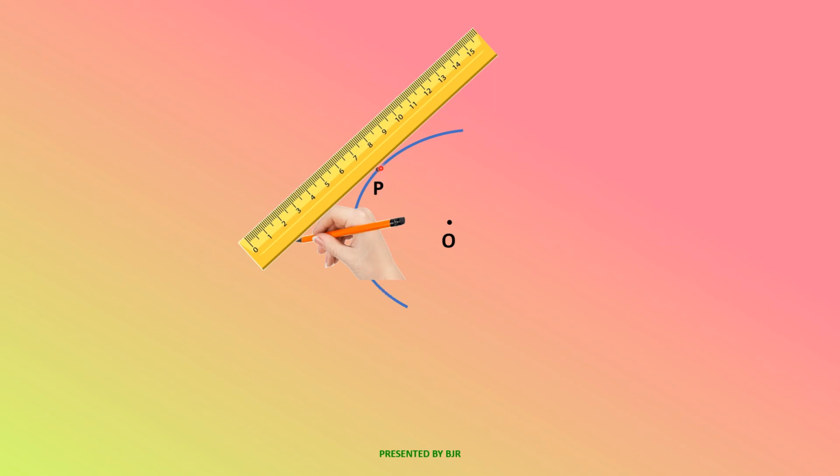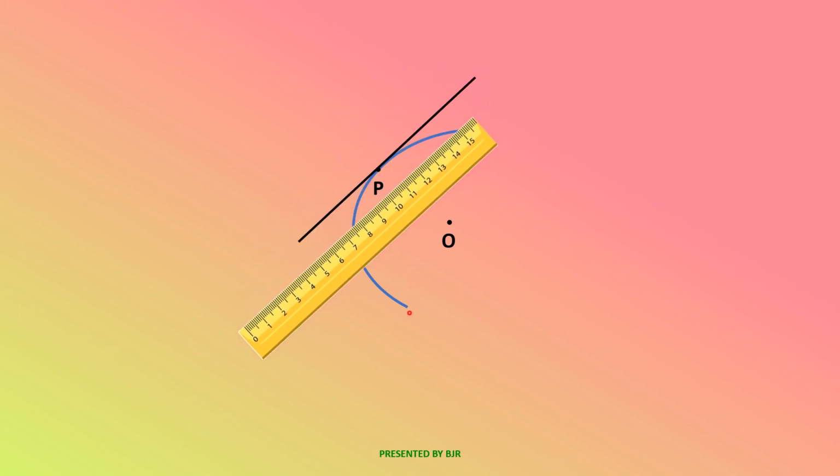So we have to draw the tangent at this point. Then we should draw the perpendicular to the tangent at point P. And this perpendicular gives the normal at point P. So this is the way of drawing the normals to a curved surface.